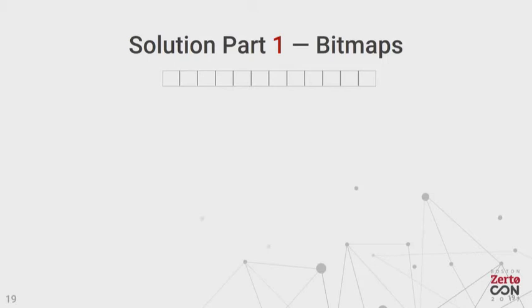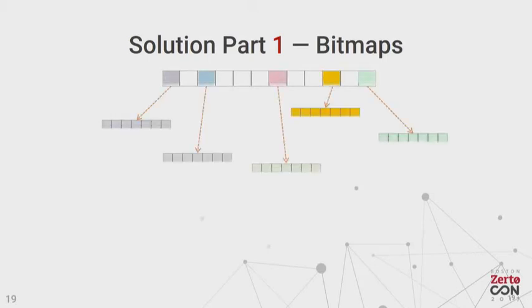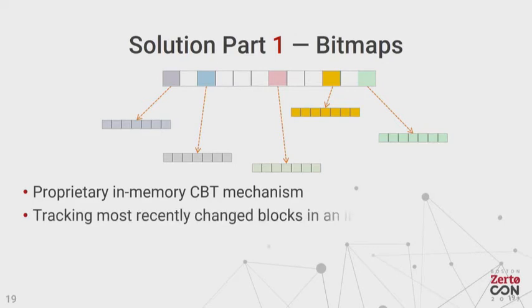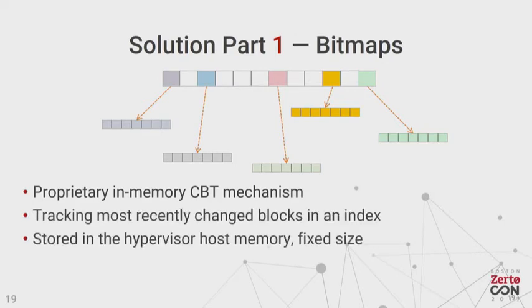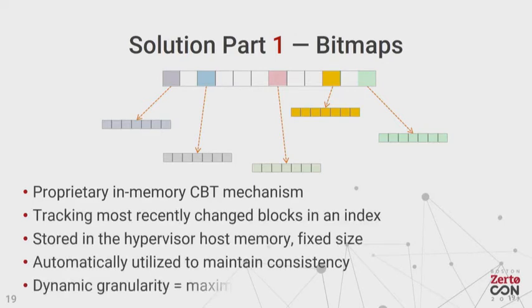1B is bitmaps. So we've talked about the initial sync and then keeping in sync. Another status that you've likely seen in Zerto, hopefully not too often, is the bitmap sync. So the bitmap is really a proprietary change block tracking mechanism, right?